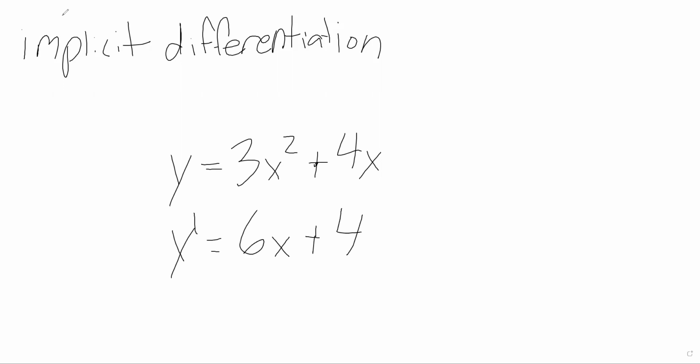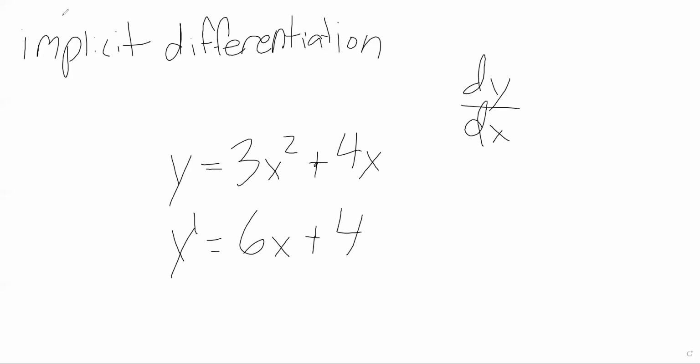But think about it. What are you really doing when you're doing that? If you actually know what you're doing, you can see that you're actually doing a form of implicit differentiation. Anytime that you're finding the derivative of y, you're going to write dy over dx.